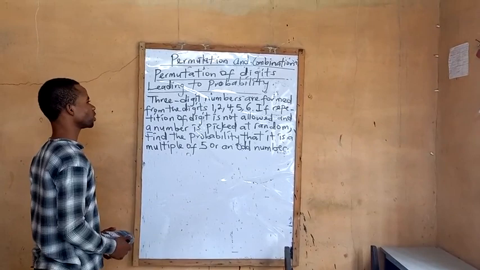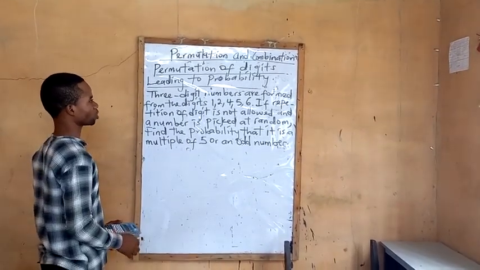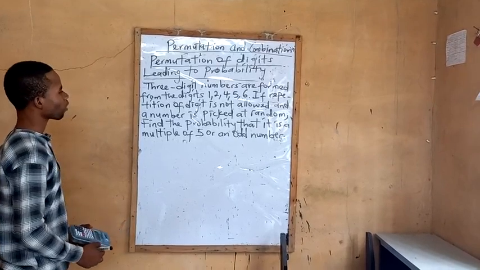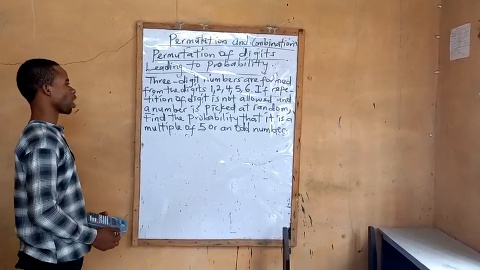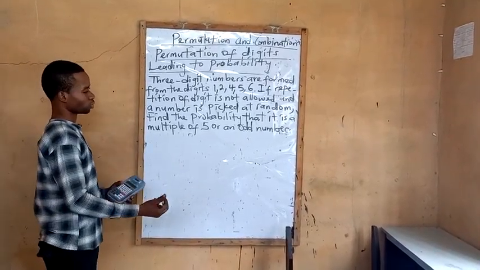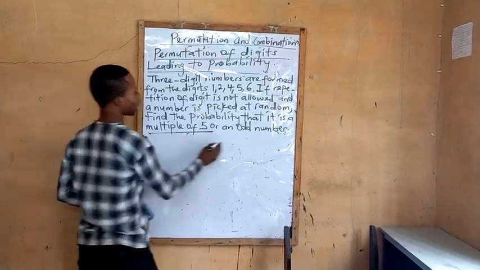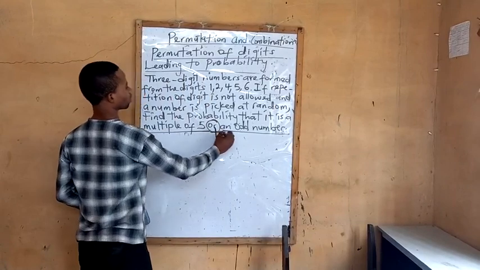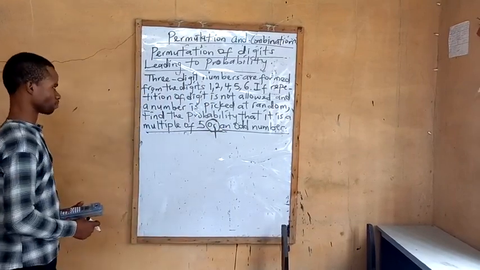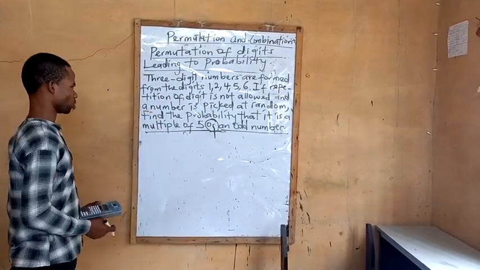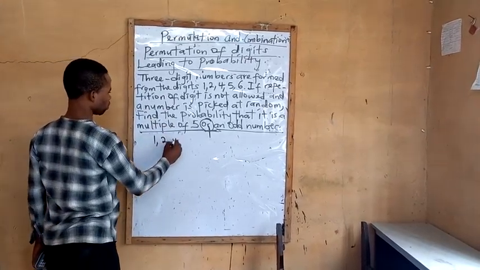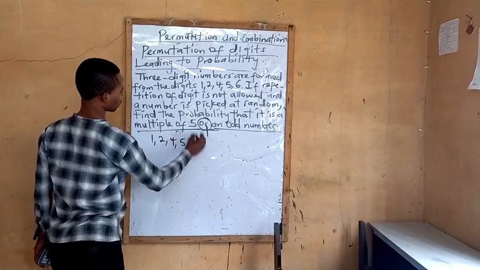If repetition of digits is not allowed, and the number is picked at random, find the probability that it is a multiple of 5 or an odd number. So there are two things: multiple of 5 or an odd number. Or in probability actually means plus. Now, the repetition is not allowed. The numbers are 1, 2, 4, 5, 6.